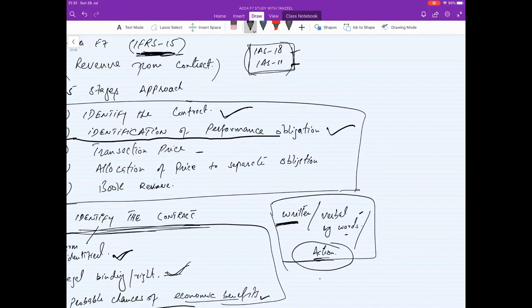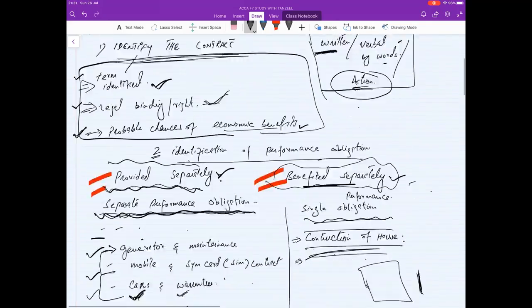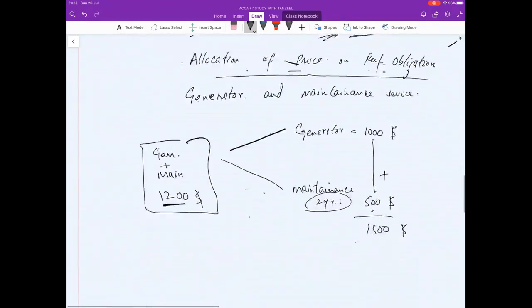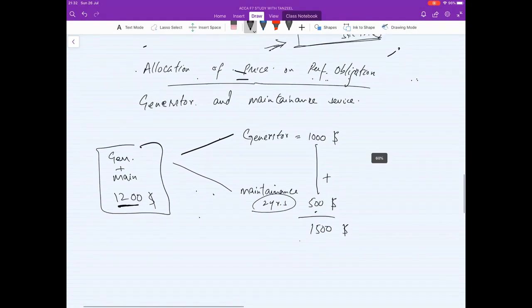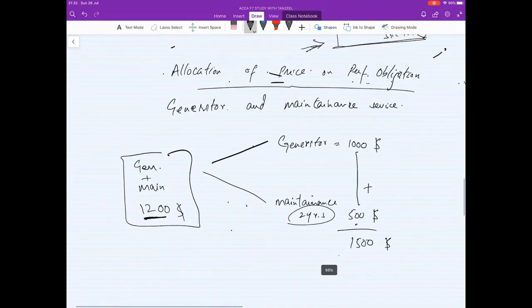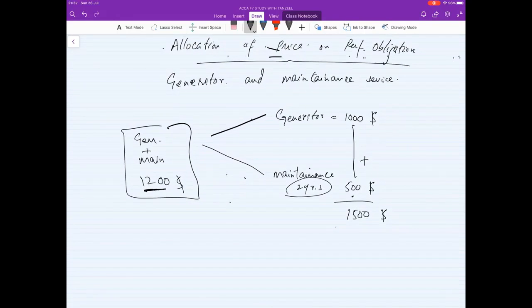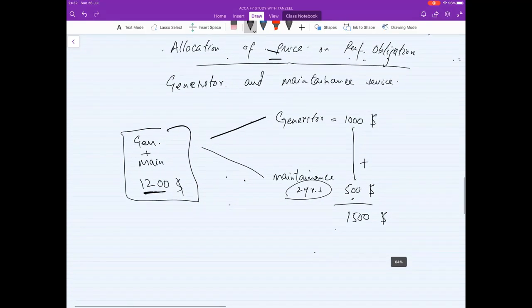Okay, we have already considered this price issue. Now the fourth stage is allocation of price: how we will allocate the price to different obligations. Suppose I give you the example of a generator.